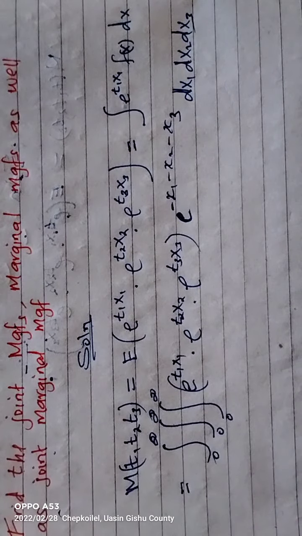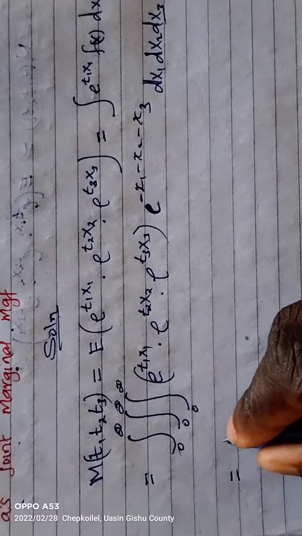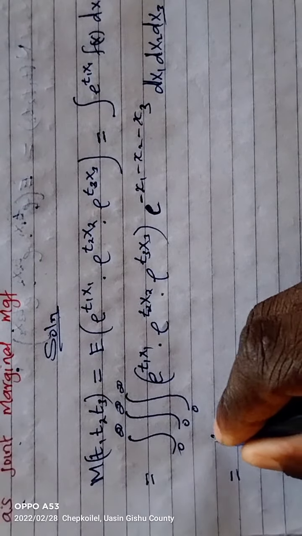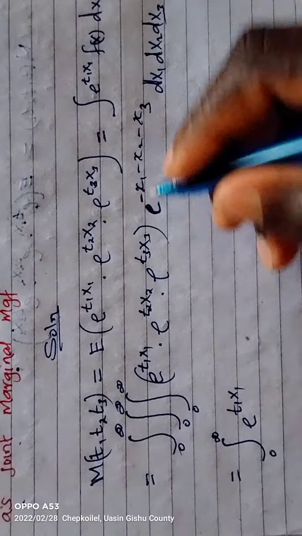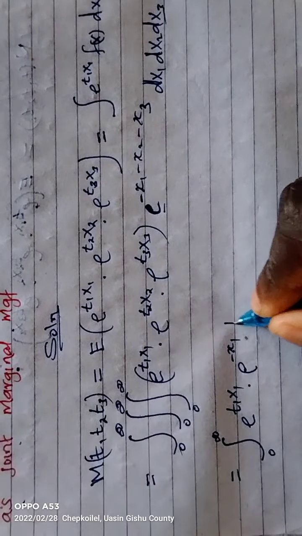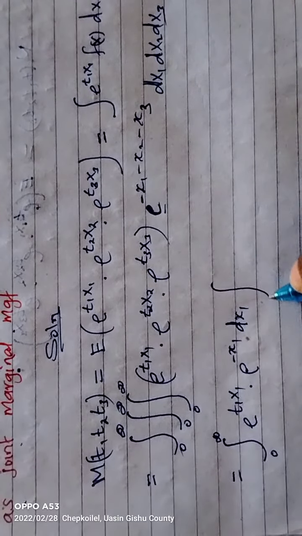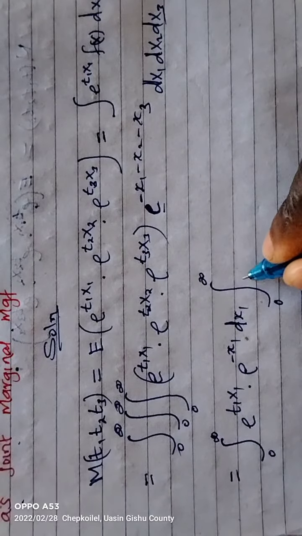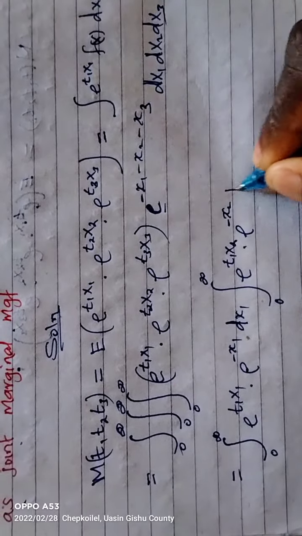Now after that, we collect like terms. To make work easier, we collect all x1 terms. So we integrate from 0 to infinity exponential t1 x1, because we multiply with exponential negative x1, with respect to dx1. Then 0 to infinity for x2 with respect to dx2.